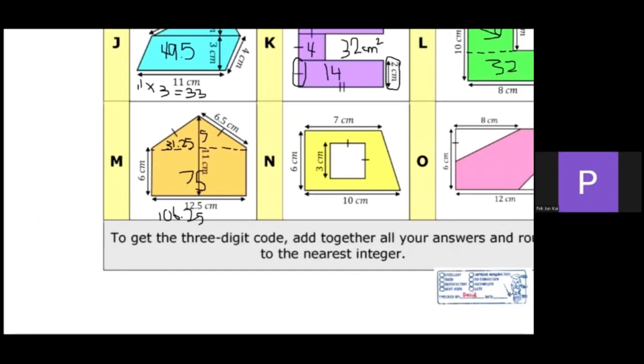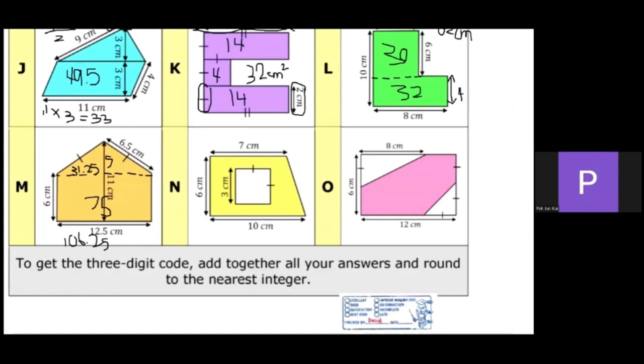Next question N. Since the middle part is empty, we calculate the area of the trapezium first and then subtract the empty space. So 10 plus 7 is 17. 17 times 6 divided by 2.